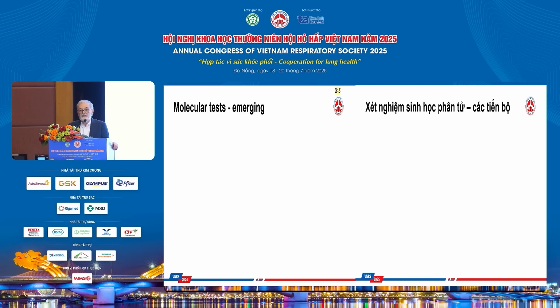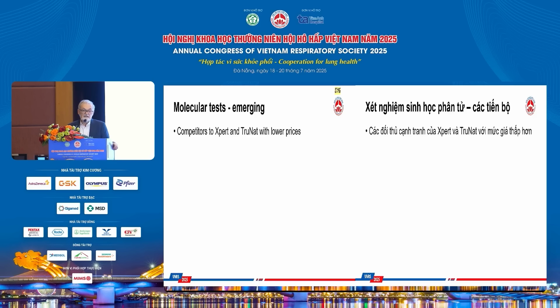There are some emerging developments with these molecular tests which you should know about and which will be in front of you in the near future. One is that although the currently approved tests are Xpert and TrueNat from Molbio in India, Xpert from Cepheid, there are competitors rapidly emerging onto the market which will be much cheaper than both of those tests.